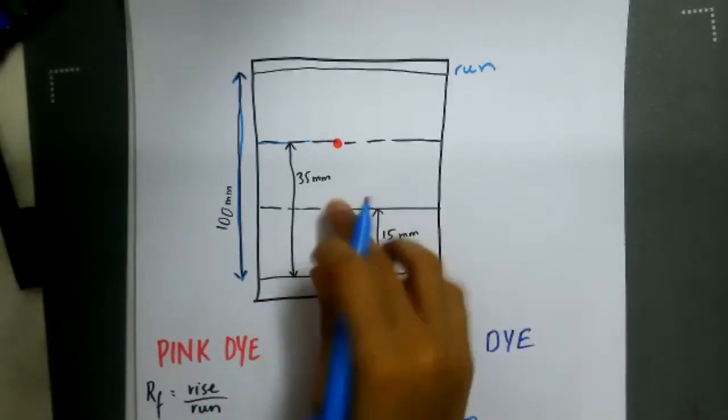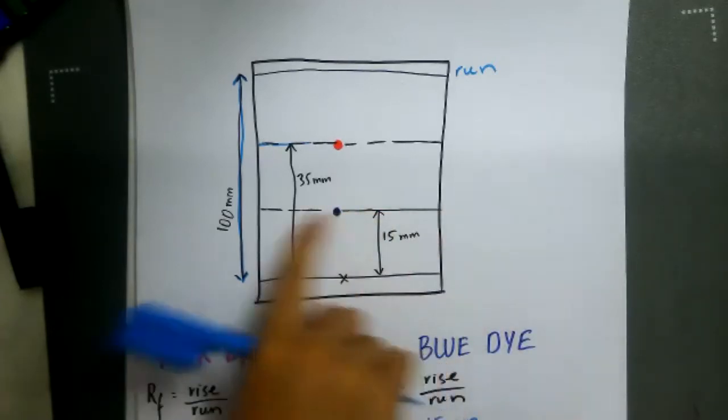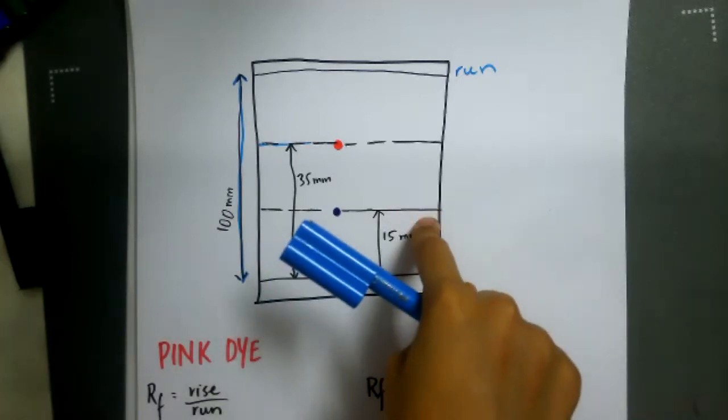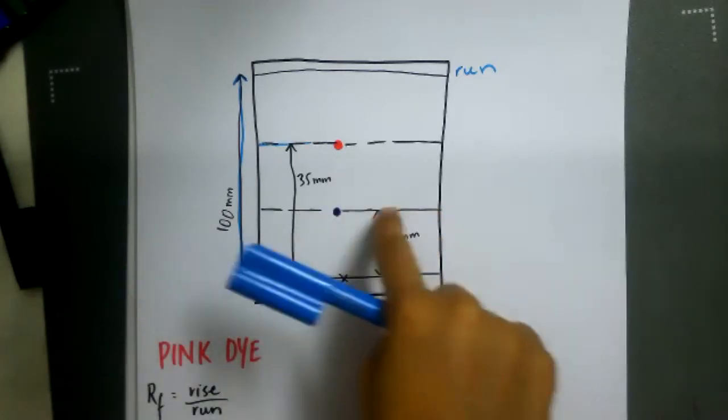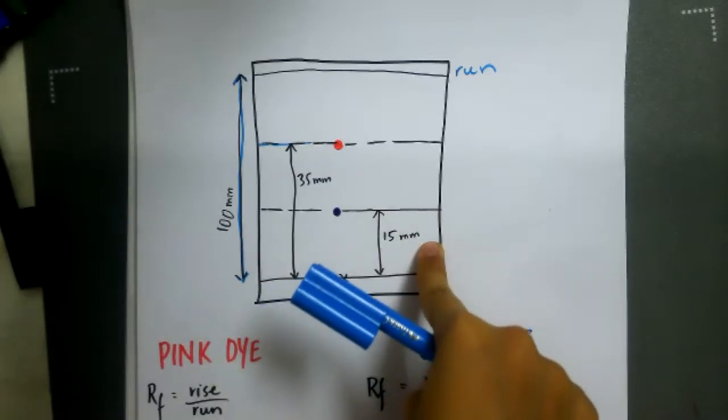Now I move on to the blue dye. Again, it's all smeared over, so I want to see the point where it's most concentrated, and I'm going to draw a pencil line, which is going to be its rise. And I'm going to measure the distance between the rise and the datum line. It's 15 millimeters.